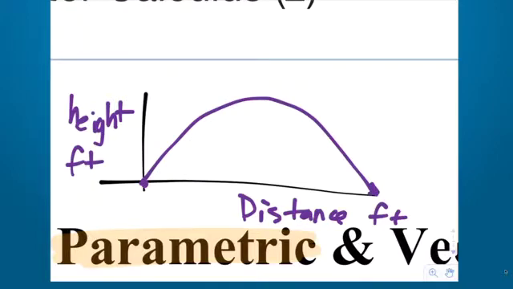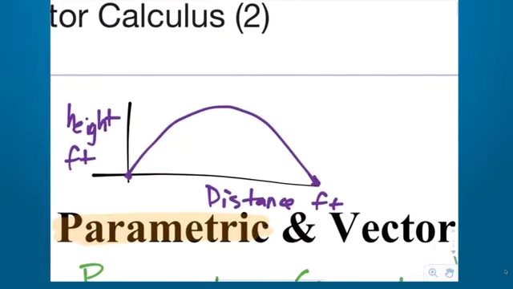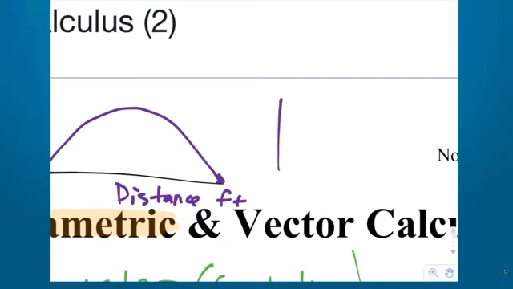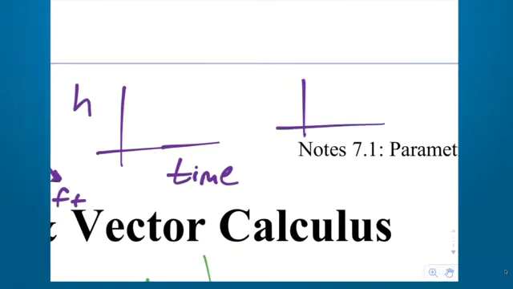But a better way is, let's say I wanted to isolate those two distances. In other words, I wanted to figure out not the height as a function of how far it's traveled, but the height that the ball travels as a function of time, t, and then the horizontal distance that it travels as a function of time, t.